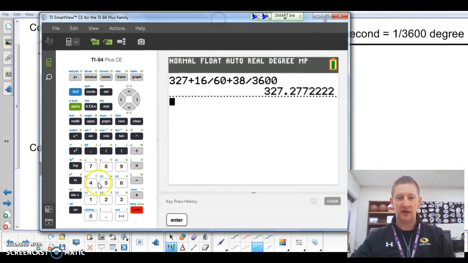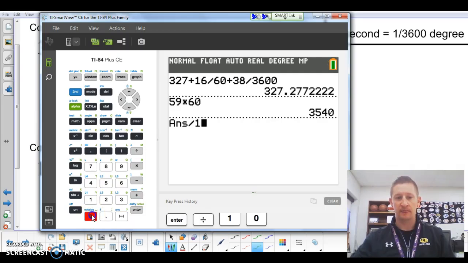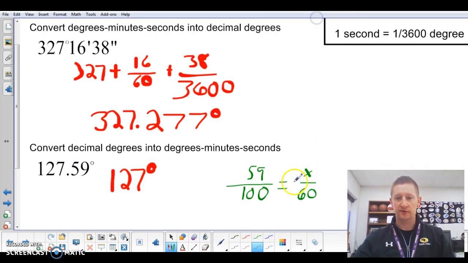So we'll take 59 times 60 and divide that by 100, which gives us 35.4. So that means I've got 35.4 minutes. Okay, so 127 degrees and 35.4 minutes. Now I'm not going to put the 0.4 just yet. I'm going to put 35 minutes.